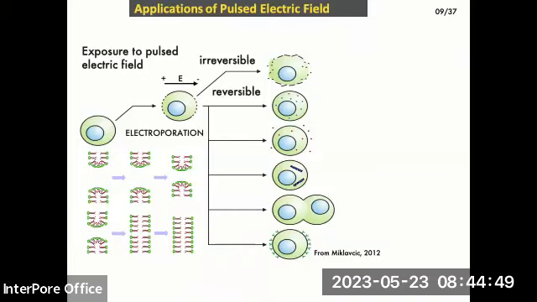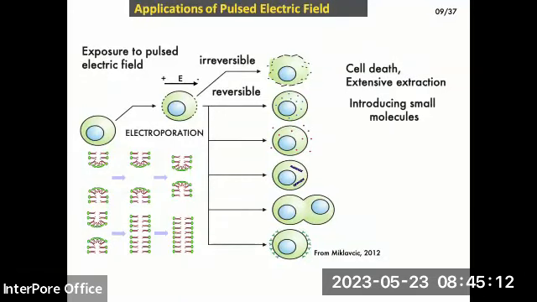And for the irreversible electroporation, the cell membrane remains permeabilized even after the treatment. So there are many different applications for irreversible electroporation. For example, we can cause cell death, which is interesting for inactivation of microorganisms. We can also obtain intensive extraction. With reversible electroporation, we can introduce small molecules inside of the cell.